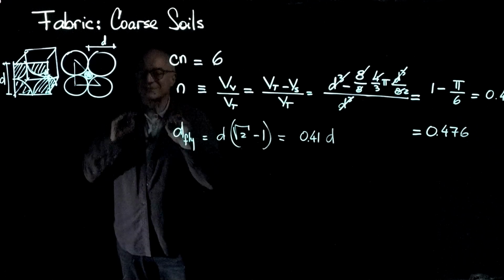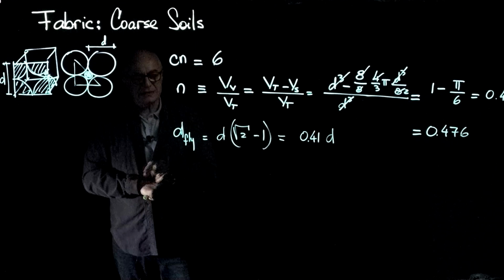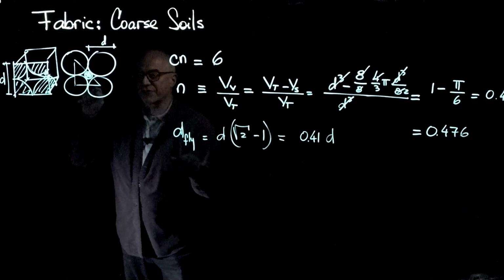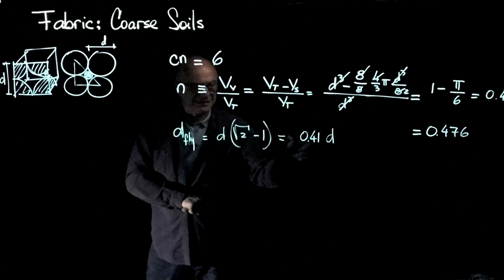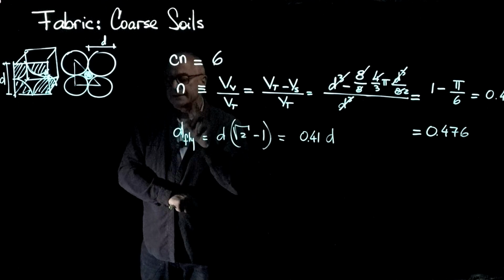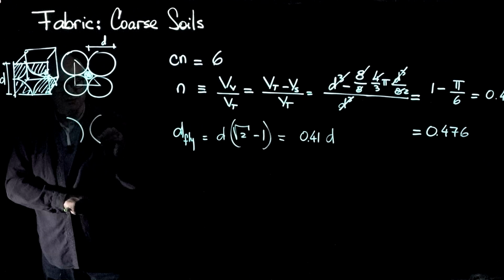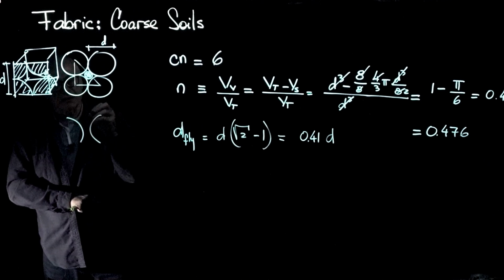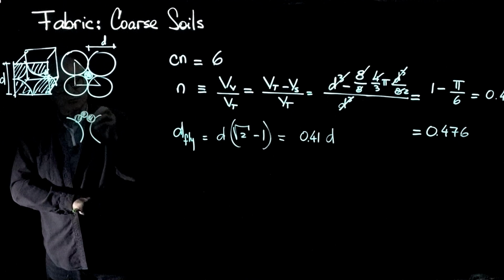This is the foundation for filter criterion. In other words, the finest particles that can fly through a simple cubic packing configuration is slightly smaller than the diameter of the particles themselves. There is a caveat, though. If I have two particles and the smaller particles go through, if there are many of them, they may be able to form a bridge.